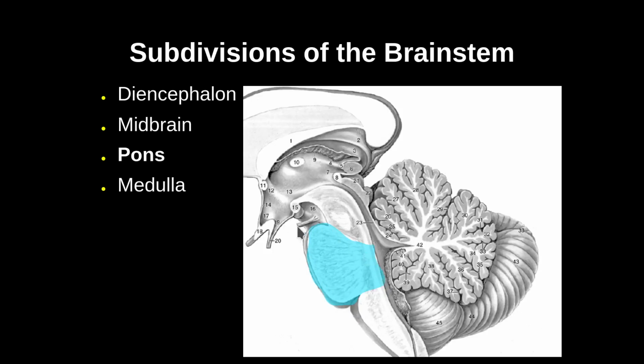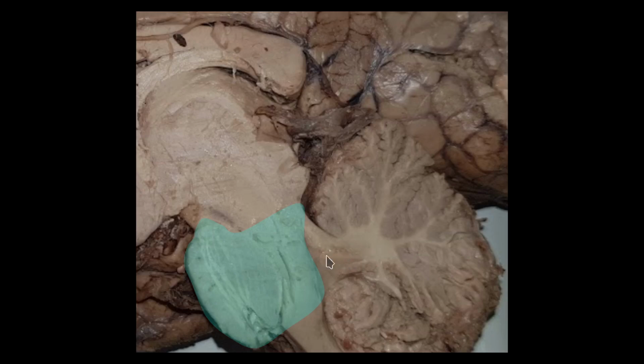Then the most prominent and the biggest one that you can see, very hard to miss, is the pons. So again, colorified for you is the pons here. So you see a lot of white matter inside, which are actually connections between the brain and your extremities down here.